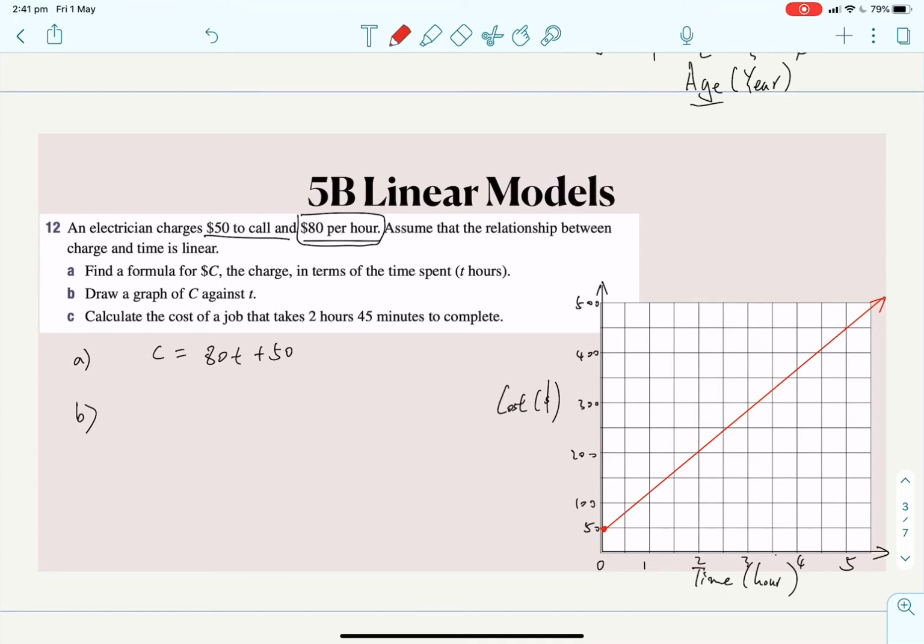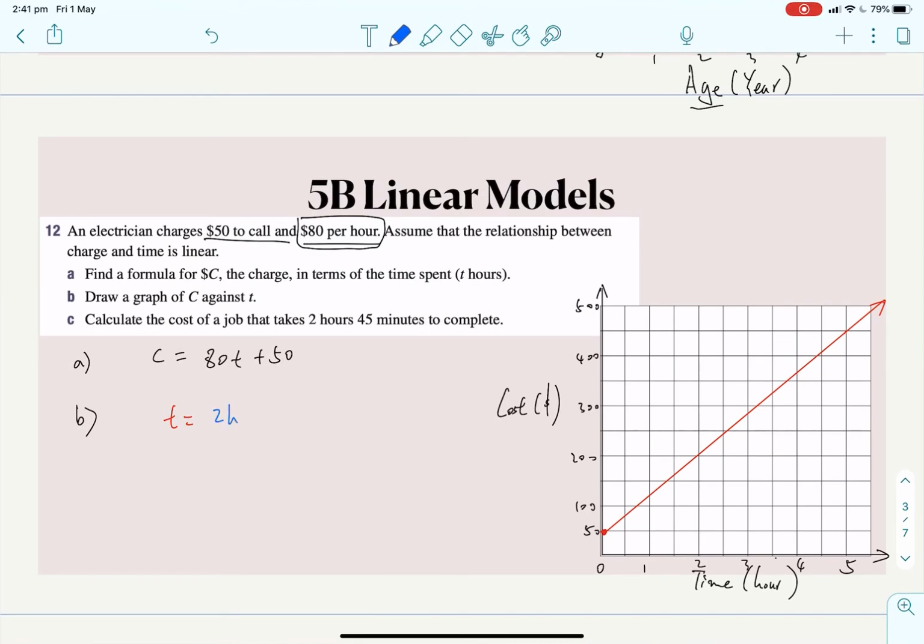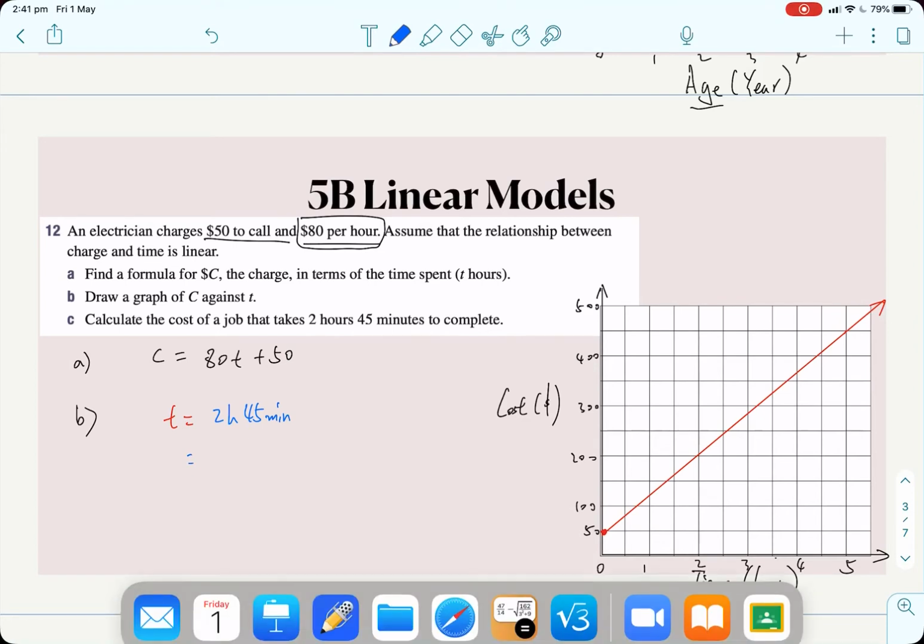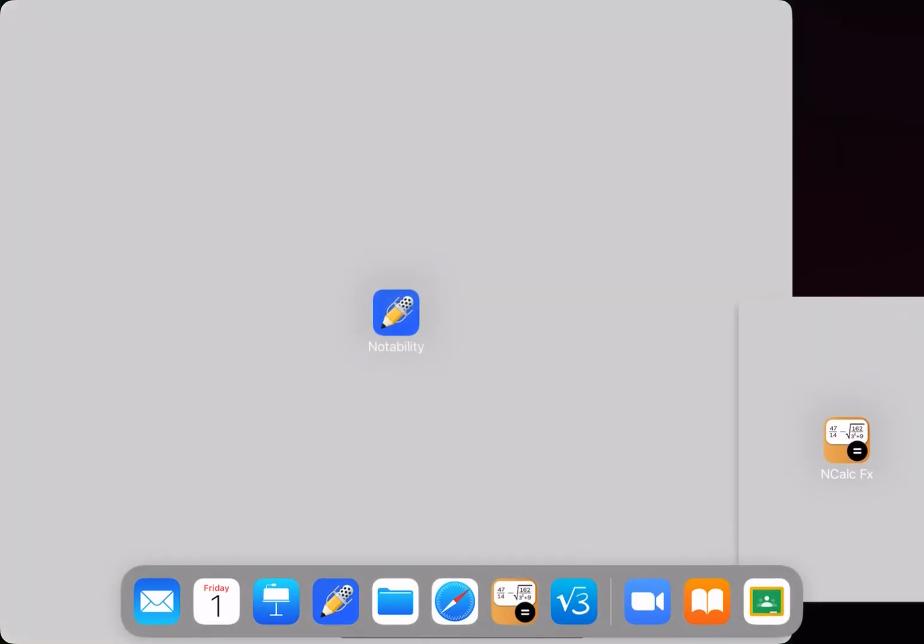Yeah. Now, calculate the cost. You could use the diagram, but I don't think that is that accurate, so I'm just going to use calculation here. Okay, T is 2 hours and 45 minutes. If you don't remember how to convert hours and minutes, you can just use the calculator.